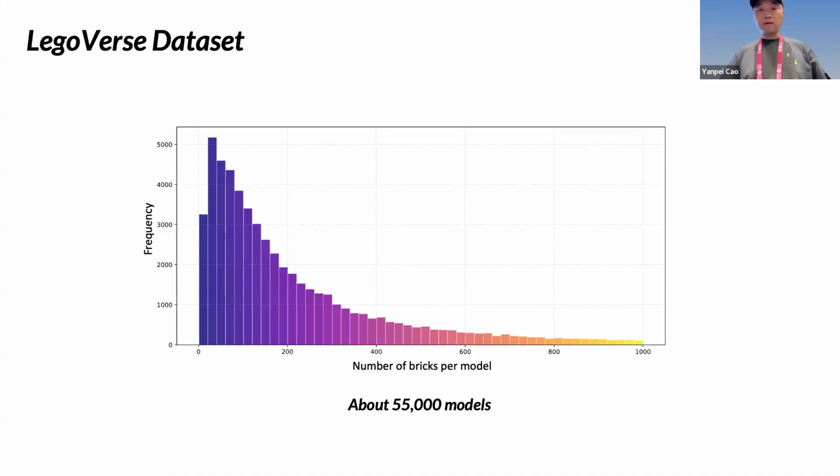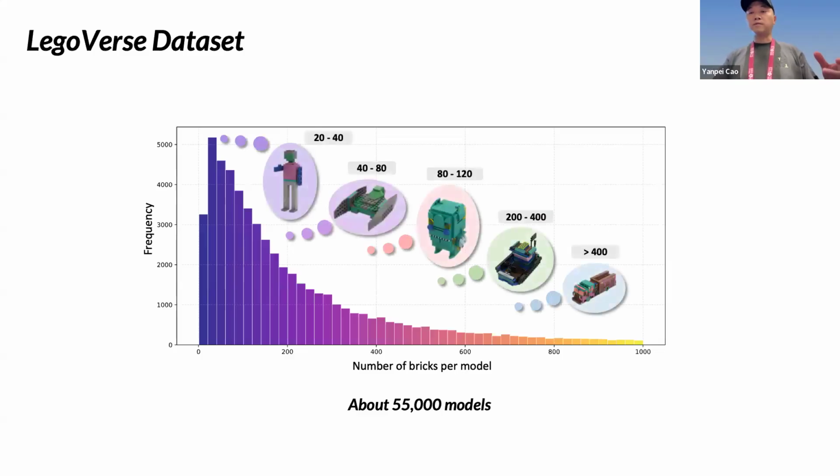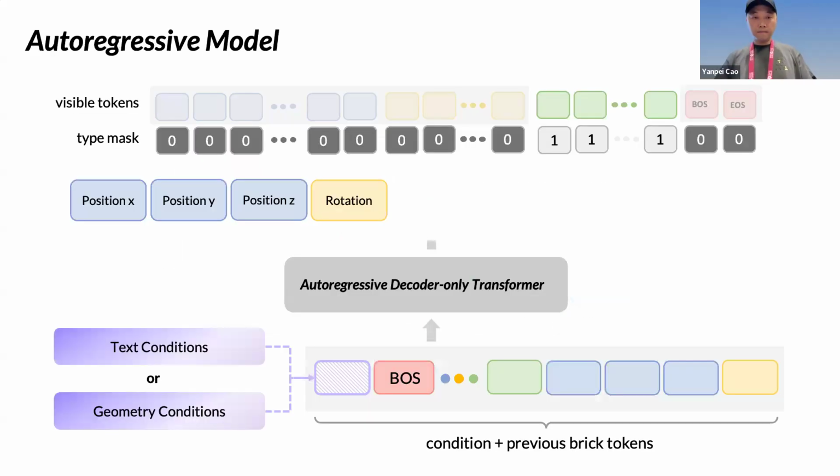And the assets in LEGOverse span a huge range of complexity, from simple builds with a few dozen bricks to complex constructions with even hundreds. This ensures our model learns from a wide variety of structural patterns.